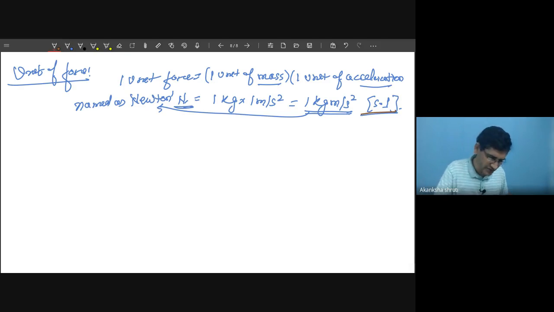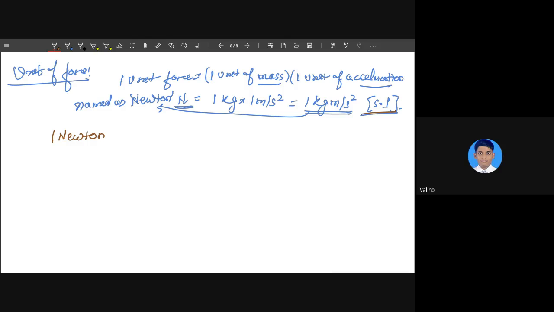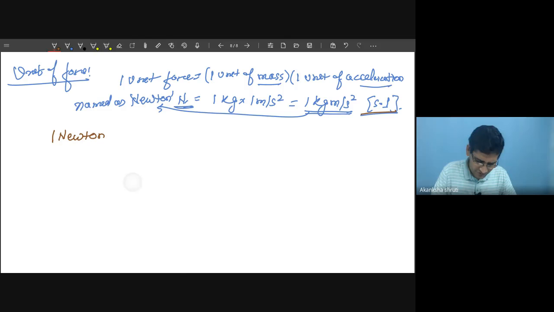So SI unit of force is what? Newton. So what is 1 Newton? 1 kg meter per second square. So this 1 Newton means it is 1 kg meter per second square. It simply means this.